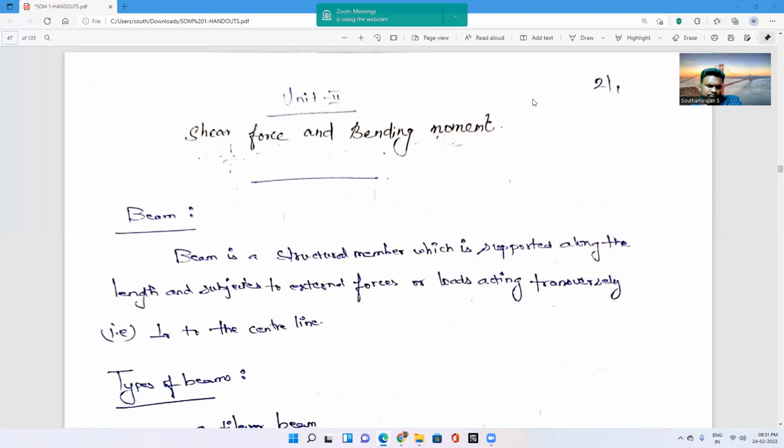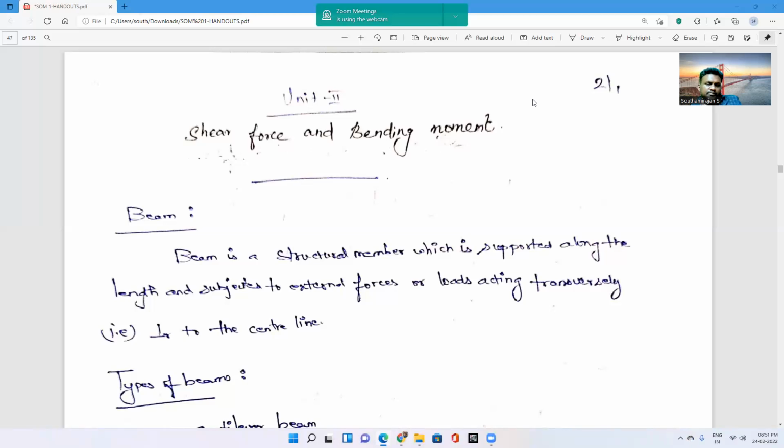By composition it may differ: a steel beam, a concrete beam, an RCC beam, that is steel incorporated in concrete, or a timber beam, that is a wooden beam. By varying the materials we will infer the properties of the beam.